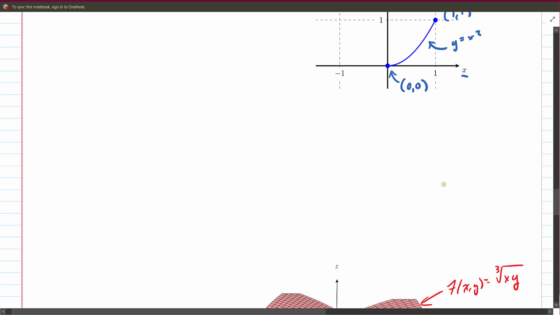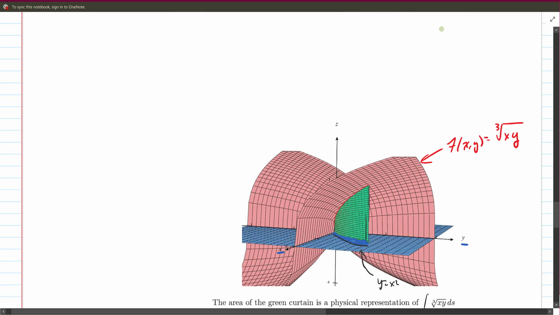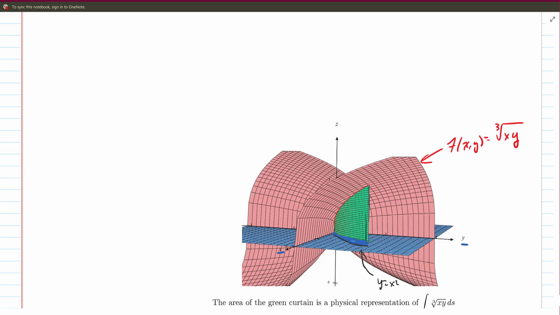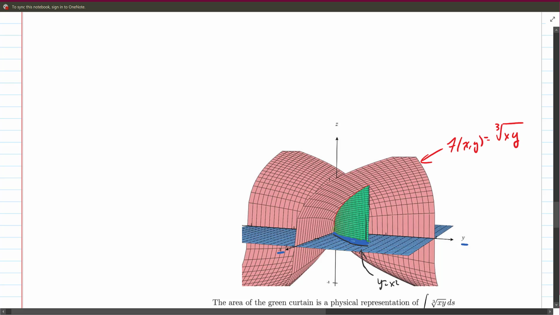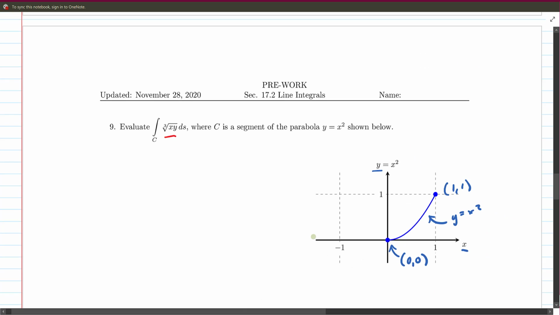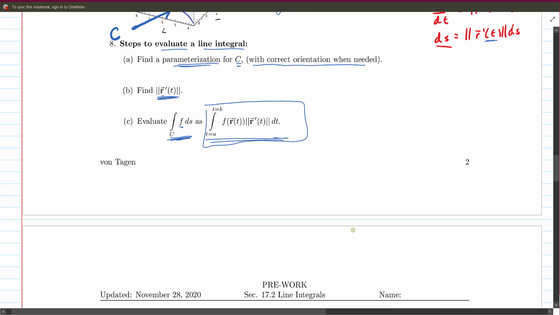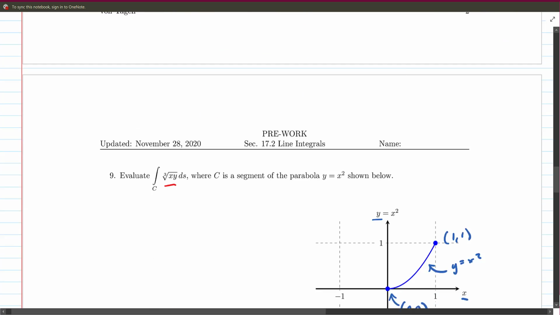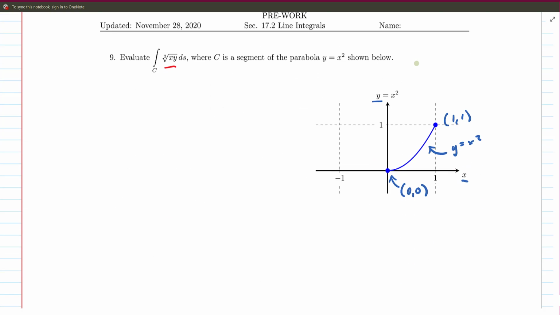We're looking at the region formed between that surface and the curve sitting in the xy plane. So that's what we're going to be computing. So let's go ahead and do so. Looking at our steps from last time, we need to come up with a parameterization, compute the speed component, and then set up the integral that we want to evaluate.